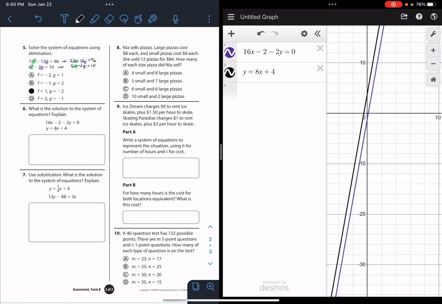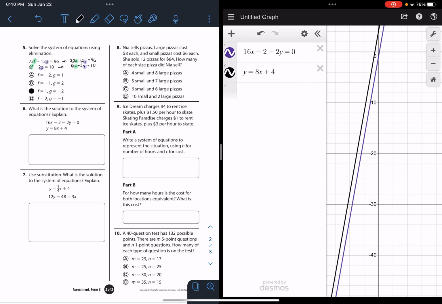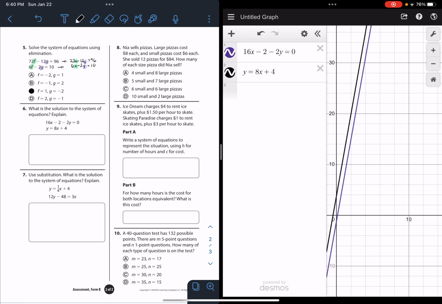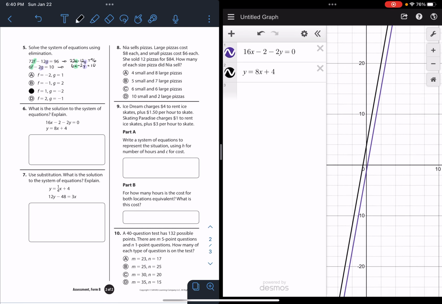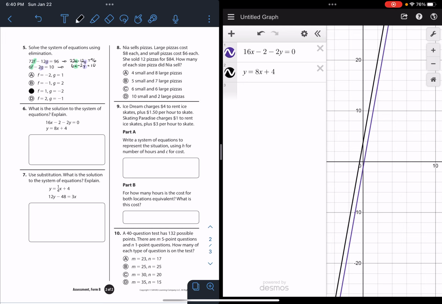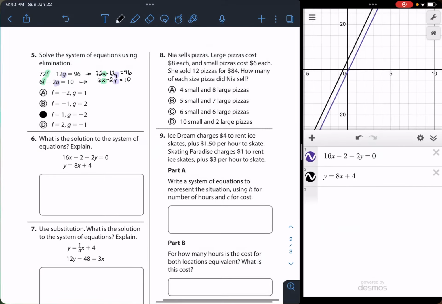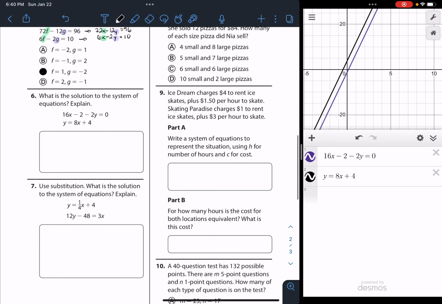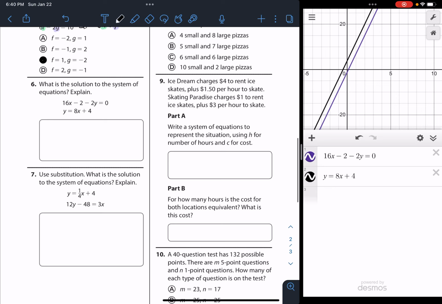And if you look at these two equations, they never cross. And if they never cross, that means they're parallel. And if they're parallel, there is no solution. So over here on your test, it says, what is the solution to the system of equations? No solution.